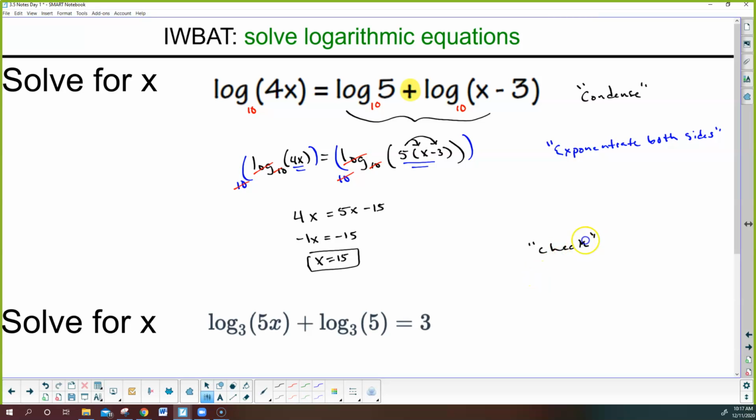But let's do a mental check, right? If I plug in 15 for 4 times 15, that's a positive number. I'm okay with that. If I plug in 15 here, 15 minus 3 is a positive number. There isn't any concern about this answer. So as of right now, we're just going to trust that it works until we show you how to do this on your calculator.